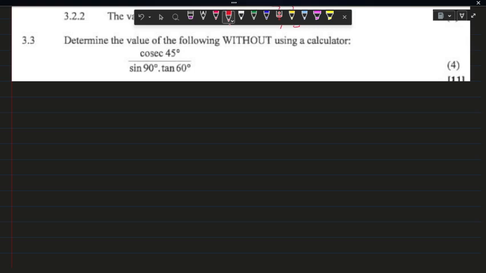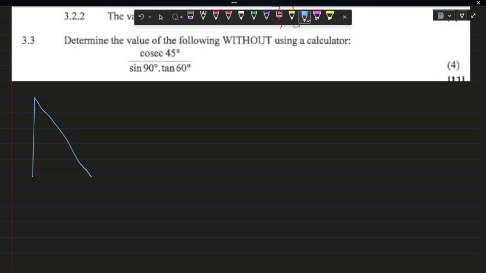Okay, so we see that we have cosec of 45 degrees, divided by sine of 90 degrees times tan of 60 degrees. Now we can see that all of these are special angles. Okay, and we know that if we are given special angles, then we have to make use of graphs, and also we have to make use of special triangles.